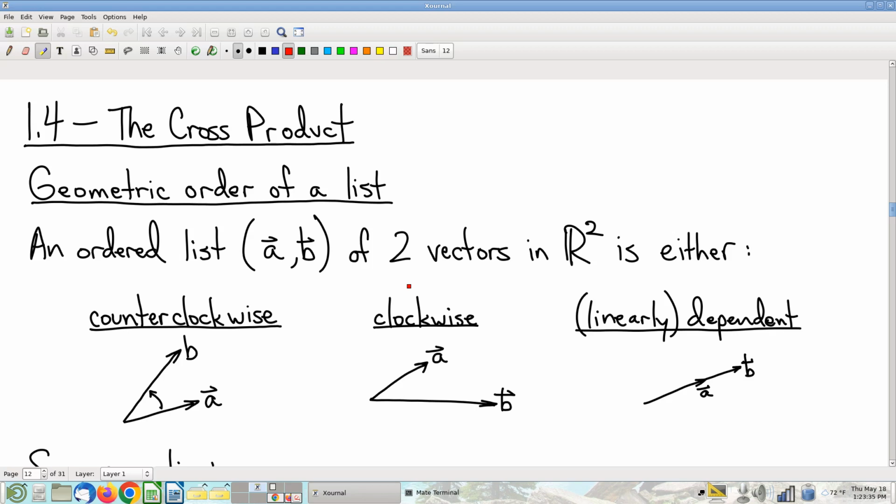There are a bunch of ideas that connect to each other involving cross products and determinants and what I'm going to call geometric order of a list. And they all connect in these different unexpected ways. When that happens, it's not immediately clear which one you should take as the starting point, and then what path you should use through the ideas to get it all done.